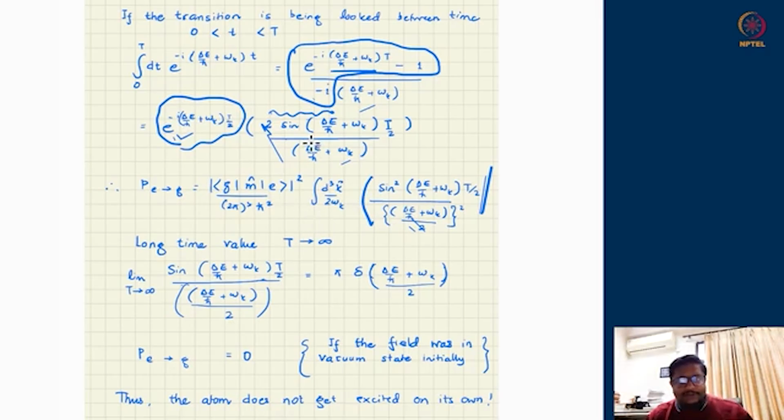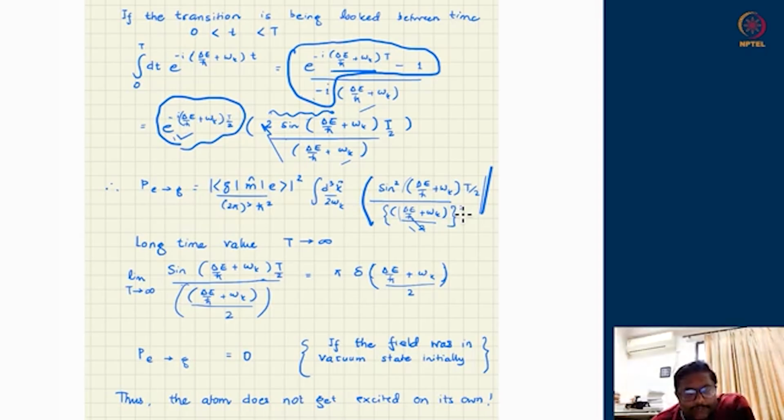Internal time scales are 1 over energy gap upon h bar. That is, the inverse of this frequency is the internal time scale of the atom. So if my time is much larger than that time scale, I can approximate this expression to its infinite limit. So I take this expression, sine square upon this, and take capital T tending to infinity in anticipation of a very long time value of probability.